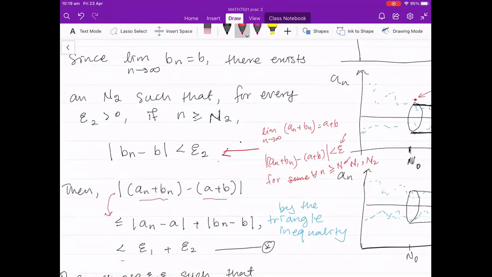Remember, I want finally epsilon here. How would you choose epsilon 1 and epsilon 2?